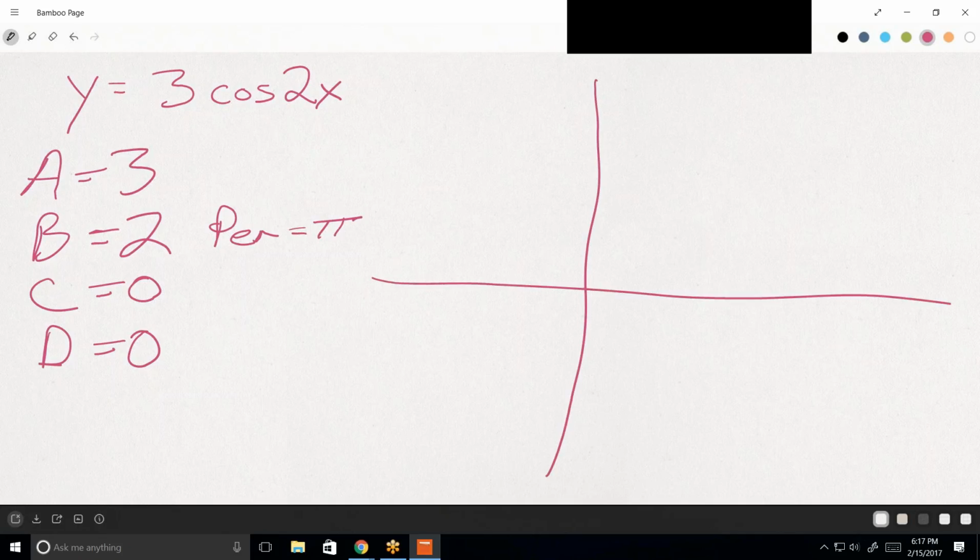So I know it's going to start there. There's no horizontal shift. It's going to go out to pi. Got to quarter it up: pi over 4, pi over 2, 3 pi over 4. I know it's going to go up to 3 and down to negative 3.